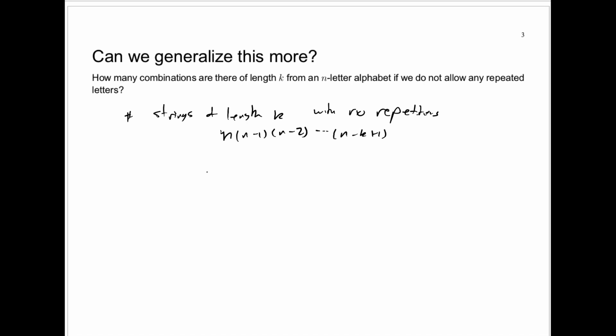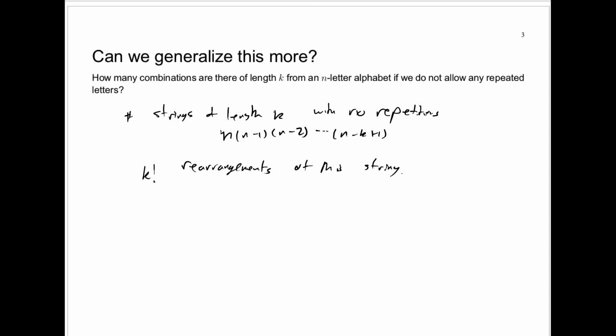Now, anytime we pick a string of length k, there will be k factorial rearrangements of this string, because we have a string with k distinct elements. So group all of these n times n minus 1 times n minus 2 up to n minus k plus 1 strings into groups of size k factorial, where that group consists of a string with all of its rearrangements.